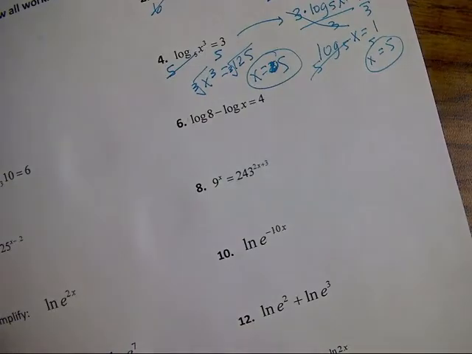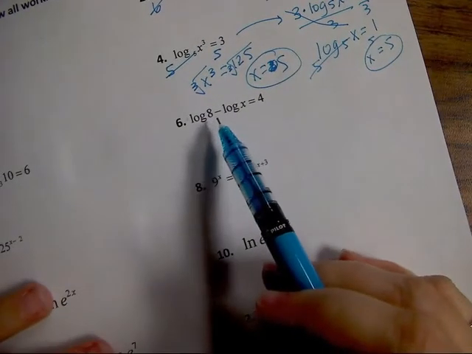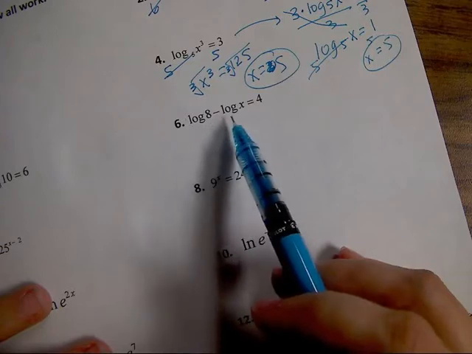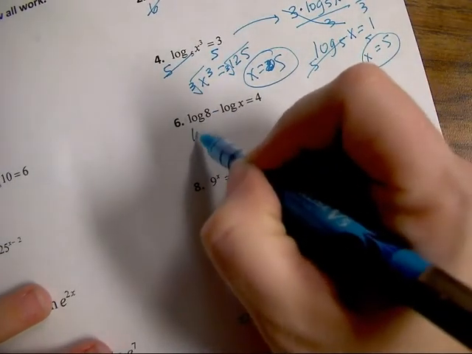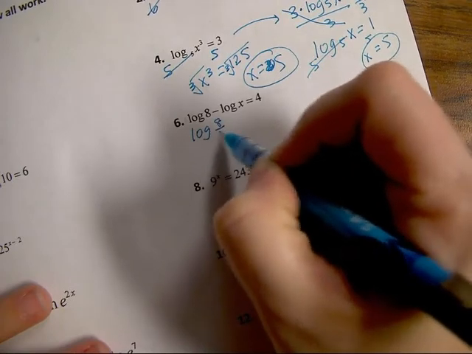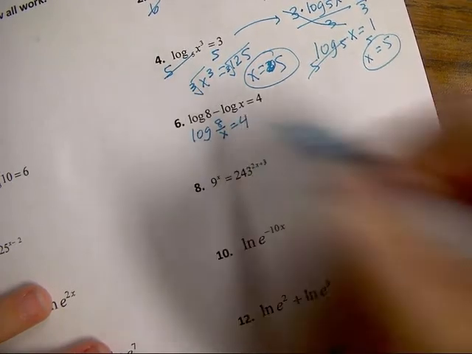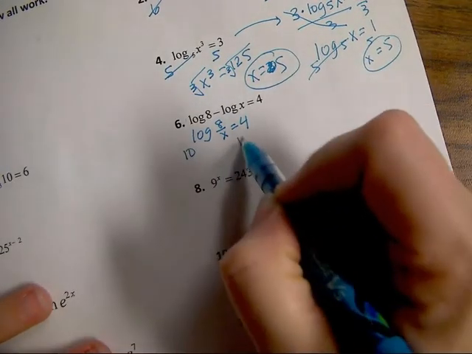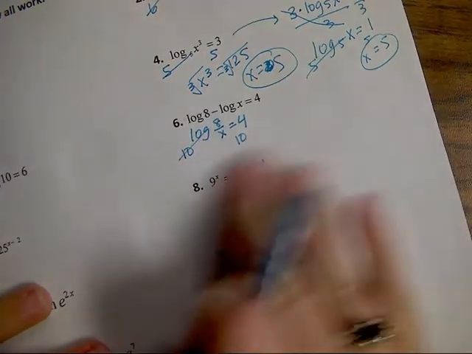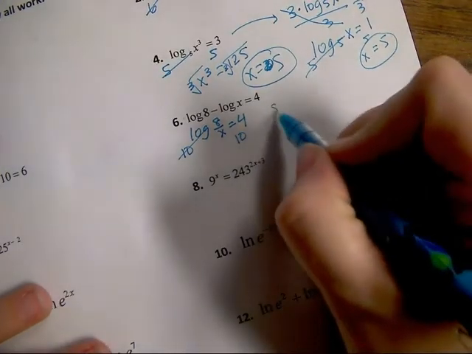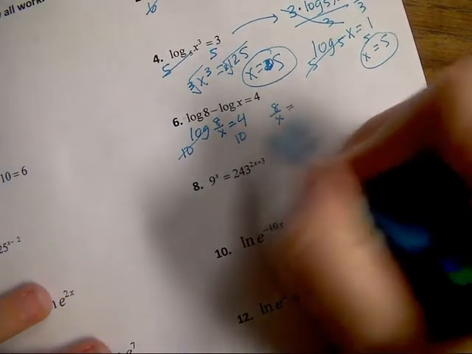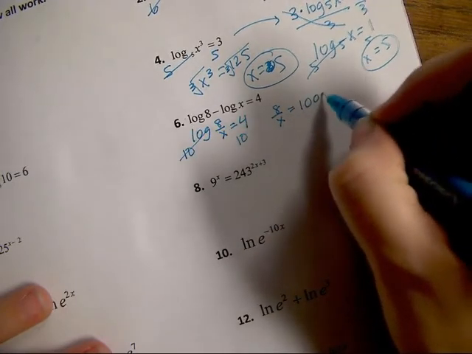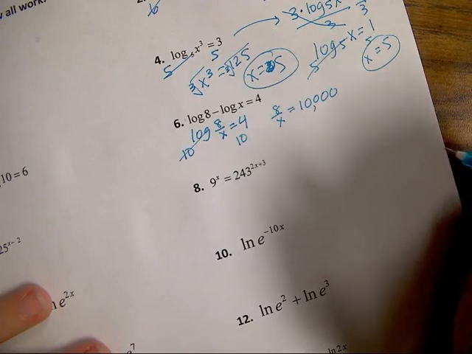Number 6. We're going to bring these two together. Since I see a minus sign, I'm going to use my property of dividing. So this becomes log of 8 divided by x equals 4. This is a common log, which means my base is 10, so that's what I'm going to bring to both sides. And I have 8 over x equals 10 to the 4th, which is actually 10,000.